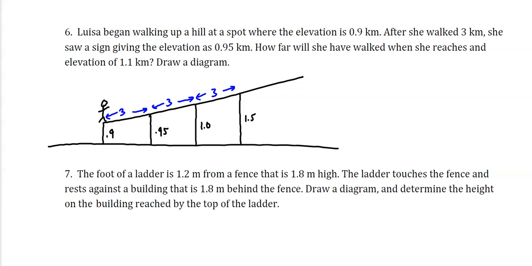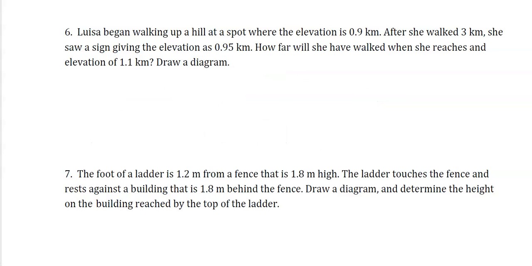Oh, actually, I screwed that up. That's not 1.5, that's 1.05. That's 1.00. So one more would put her to 1.1. So it looks like she's got to go a last 3 here. So how far will she walk total? Looks like she walked 3, 6, 9, 12 kilometers. So that's the answer to number 6.